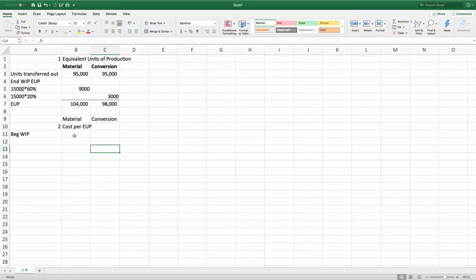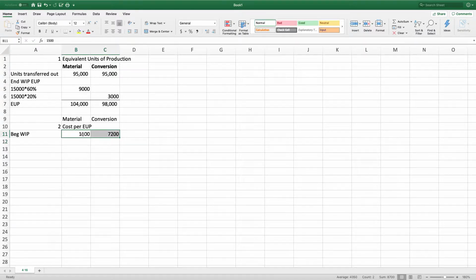Okay, so what are my costs in beginning WIP with respect to material? $1,500. With respect to conversion costs, how much is in beginning WIP? Good, 7,200. Those are plug numbers.